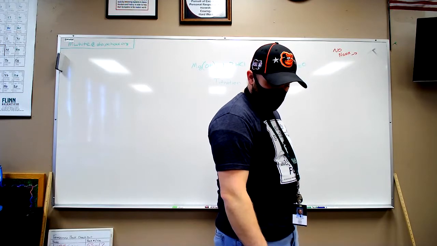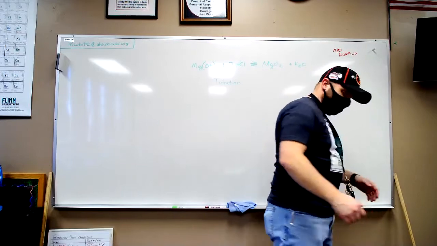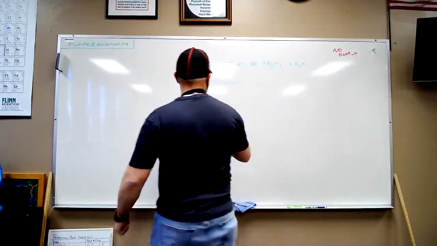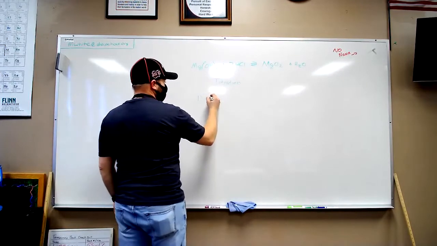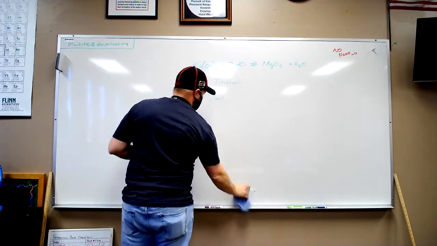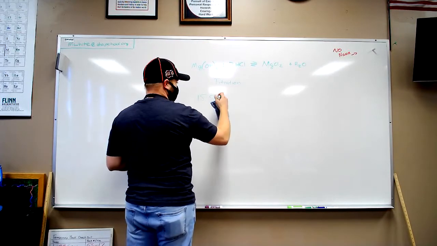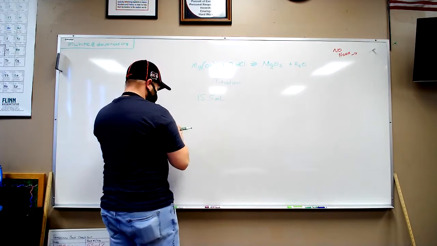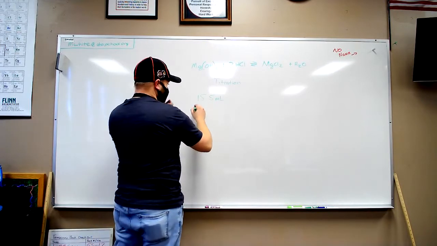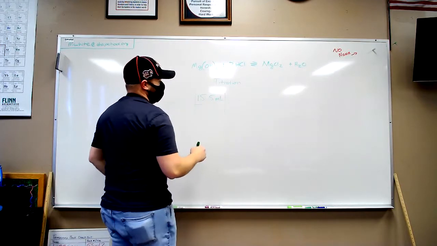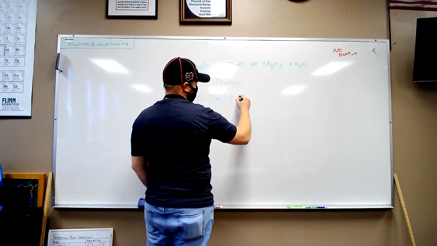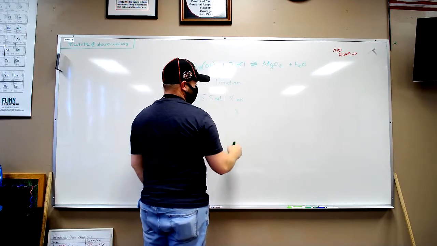And what that means is, so if we added, let's say we added 15.5 milliliters, you'll know the concentration of the sodium hydroxide, and so it's X moles per liter.